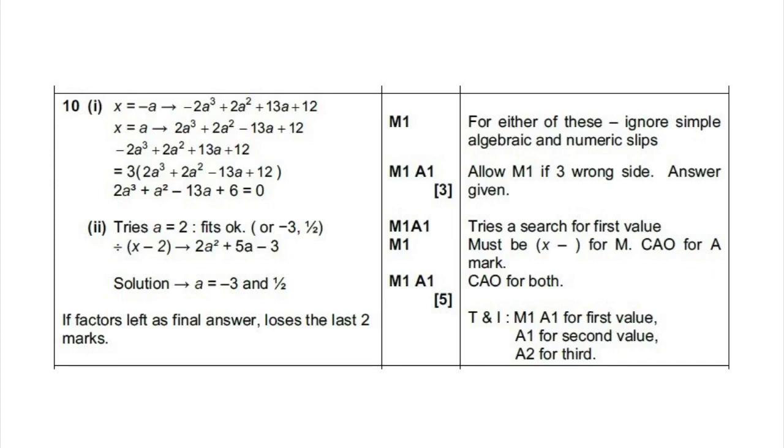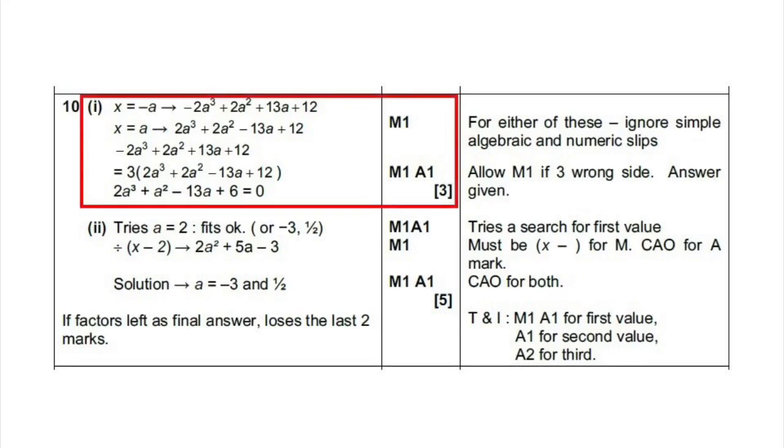Now you can see on the screen the marking scheme of this paper, which says that you can get 1 mark if you substitute by either negative a or positive a, and you can get 1 mark if you equate by substituting the x with a on the left side of the equation.